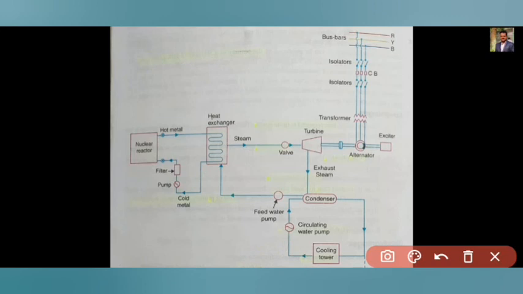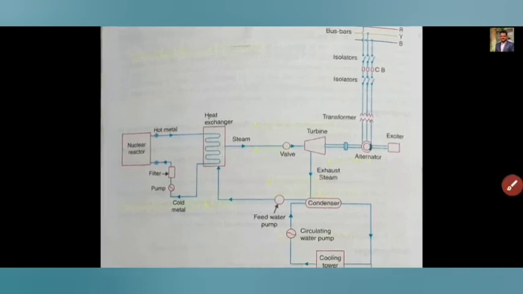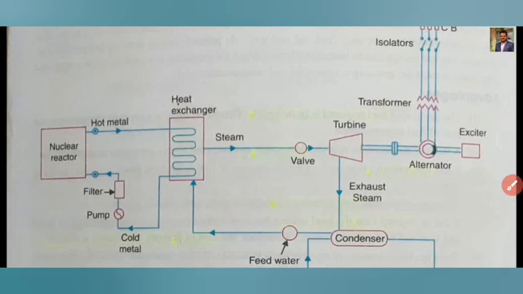Also the maintenance charge is high, because trained persons are needed to operate it; an unknown person cannot operate it, so the salary of employees is high, and the maintenance charge is also high. And as I told before, disposal of radioactive waste is a big problem.